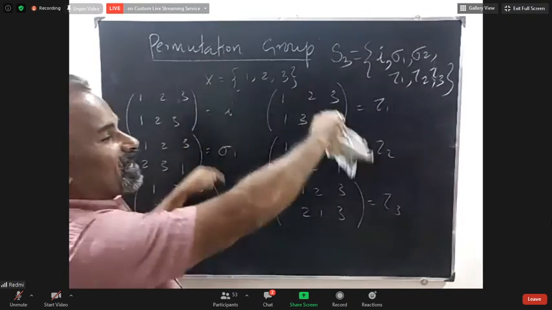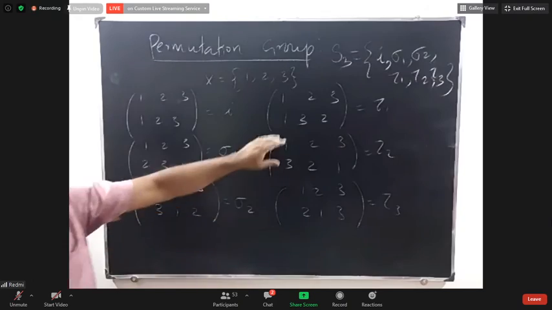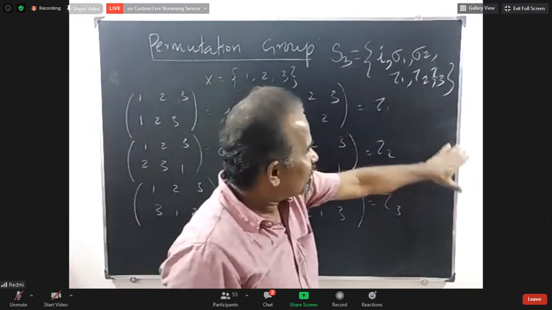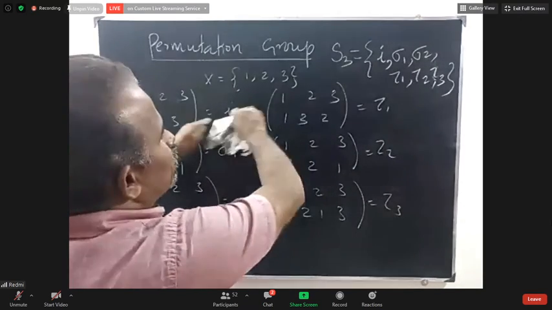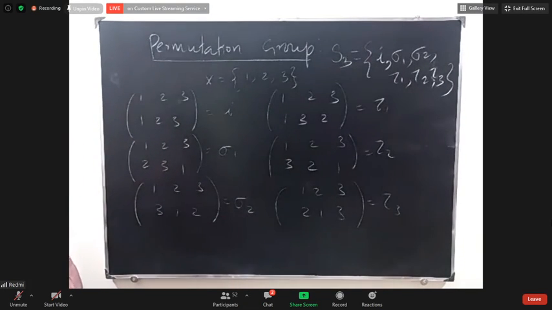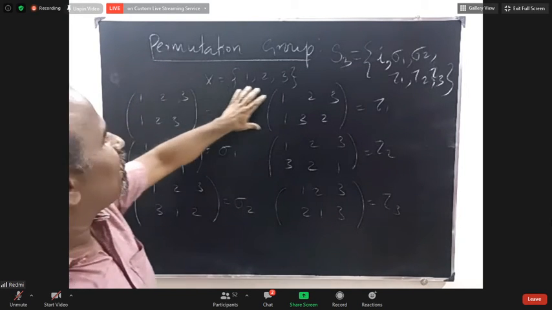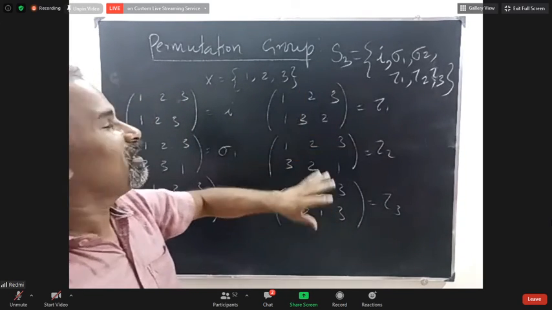Again, we can make a multiplication table for this. The product of 2 permutations, the product of 2 functions, is done element by element. If you multiply with the identity element, you will get the same element.